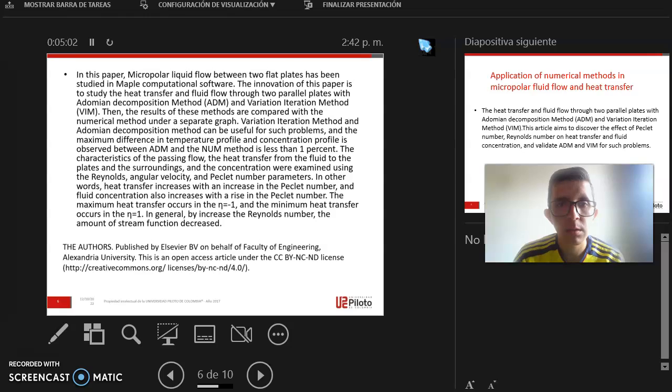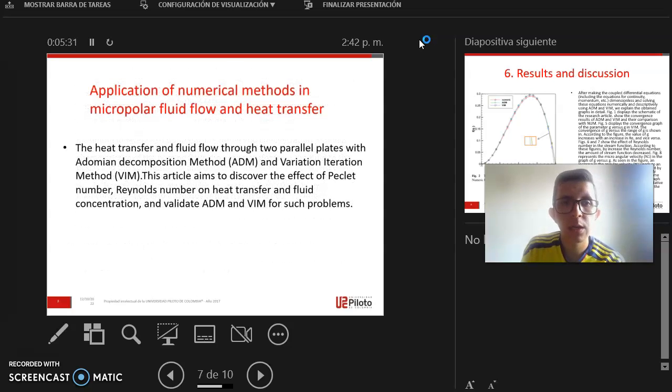The innovation of this paper is to study the heat transfer and fluid flow through two parallel plates with the Adomian decomposition method, ADM, and the variational iteration method, BEAM. Application of numerical methods in micropolar fluid flow and heat transfer.